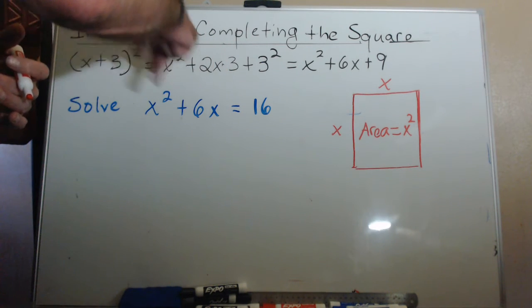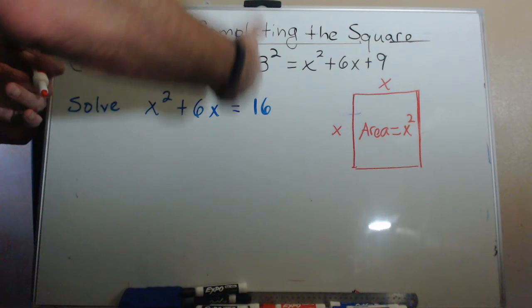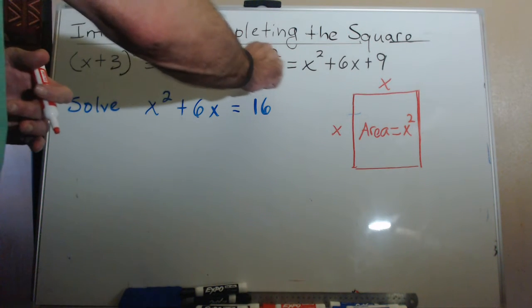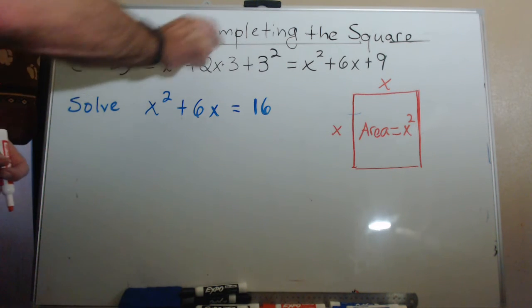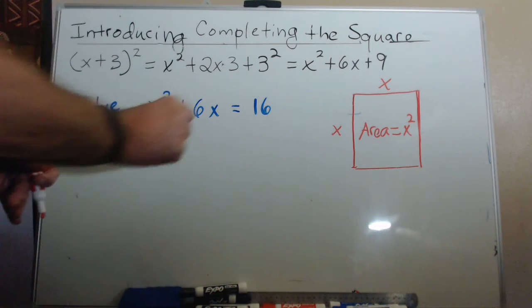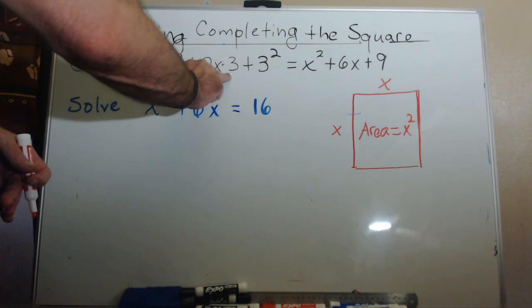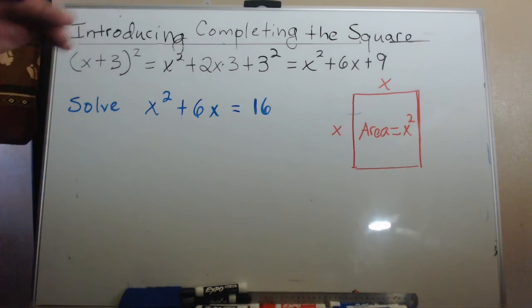When we did FOIL to multiply something like this out, we would have had 3x plus 3x to get to 6x. Hence, since we're adding something to itself, we're doubling 3x.